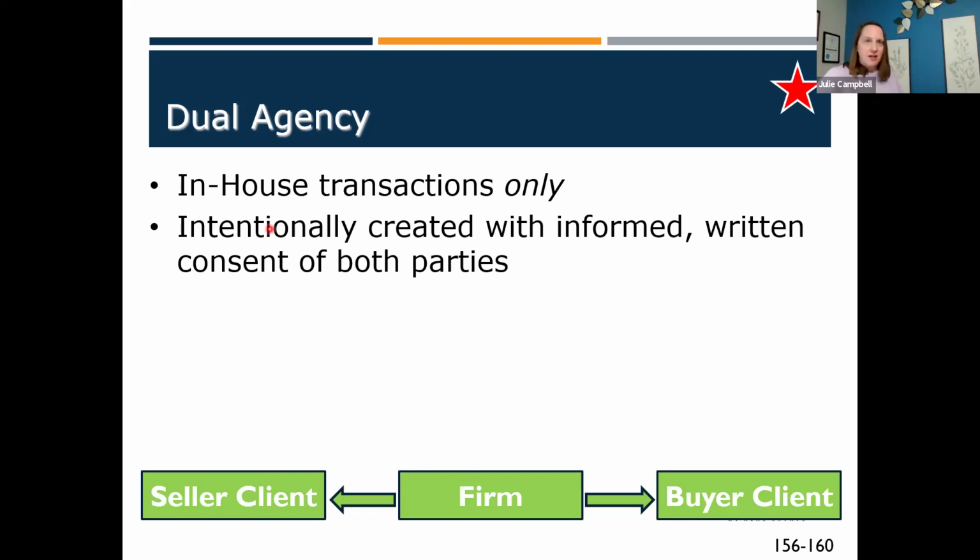It means looking at buyers and sellers and saying, this is what dual agency means. It's created purposely with informed written consent of both parties. Buyer and seller have to agree to allow dual agency. If either one of them says no, dual agency can't happen. I have to have two yeses.